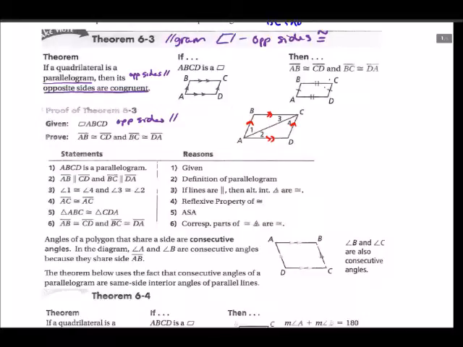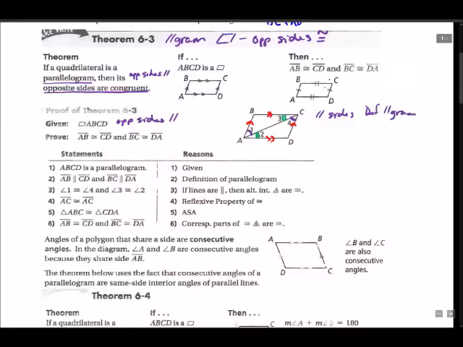And why would we do that? Well, you know why. Alternate interior angles. We also have these alternate interior angles. So we've got parallel sides. That's just definition of parallelogram.